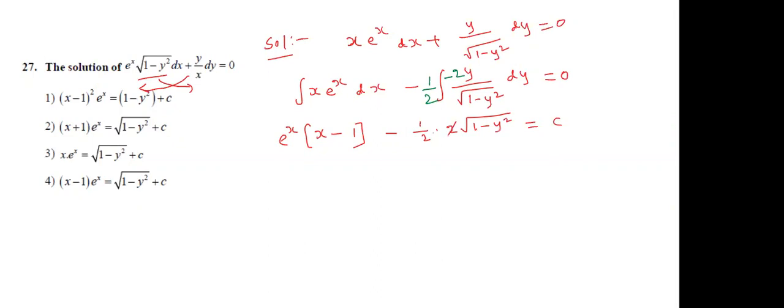Here 2 cancels. e power x into x minus 1, that is equal to, this term send to the left hand side, you will get plus under root 1 minus y square plus c. This is the answer. Students, which option is correct? Fourth option.